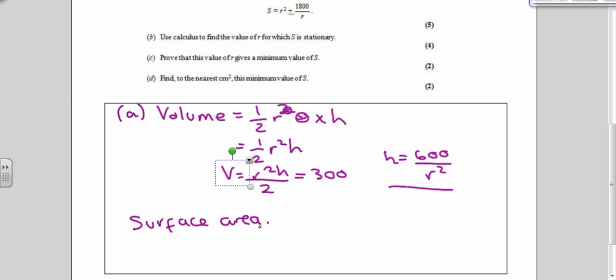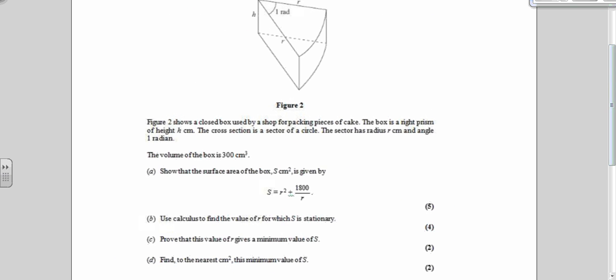So for the two sectors, we will have 2 times a half times r squared. So this is for the two sectors. On the diagram, we have found the top and the base.